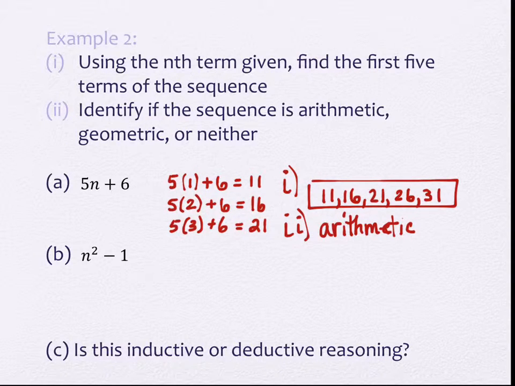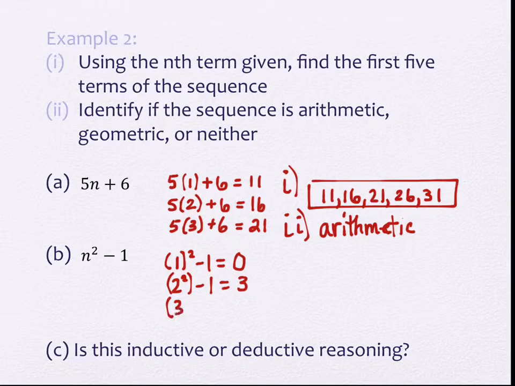We're plugging in, same thing, the numbers one at a time. So I have 1 squared minus 1, which gives me 0. And then I have 2 squared minus 1. That one's 3, right? 3 squared minus 1. 8.